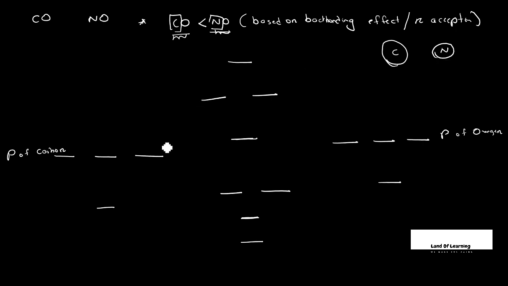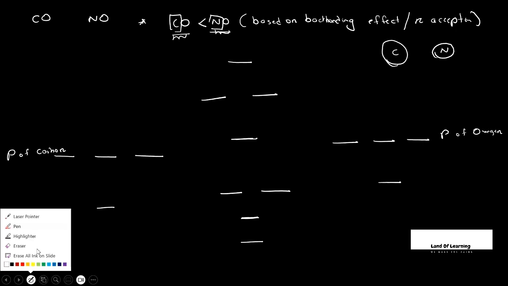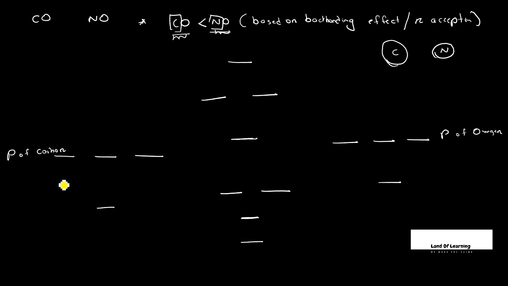Okay, now if I draw the p orbitals of nitrogen, look at this. I will draw it using a yellow color. This is the p orbitals of nitrogen. Here we have the s orbital of nitrogen. Oxygen doesn't change, right? For both cases, oxygen is the same. So the energy of the p orbitals of oxygen doesn't change.